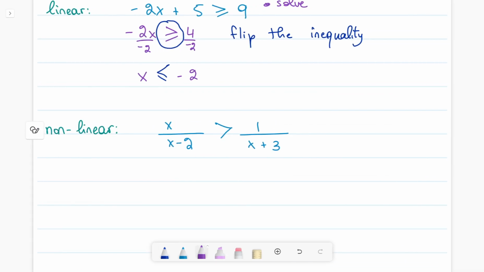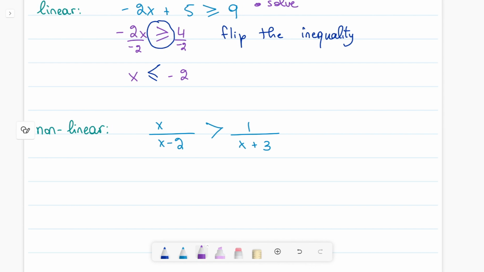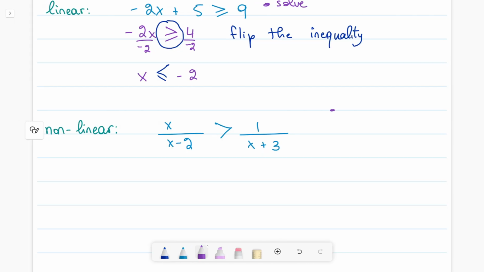Now we will move on to an example with fractions. So we can also start by putting the fractions on the same side.